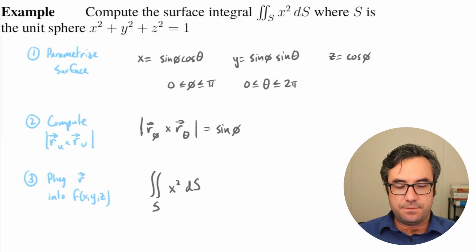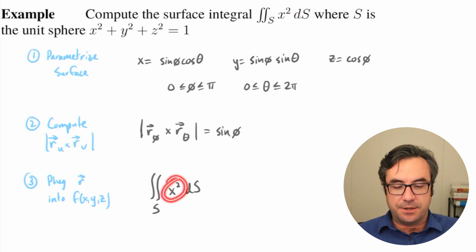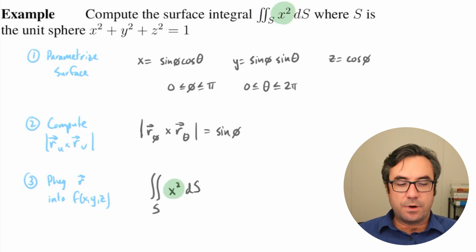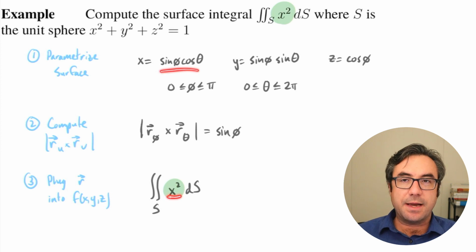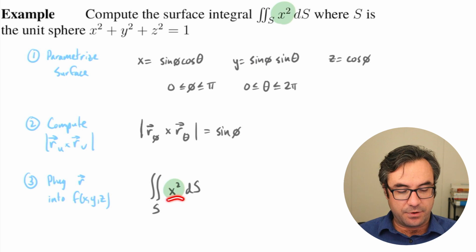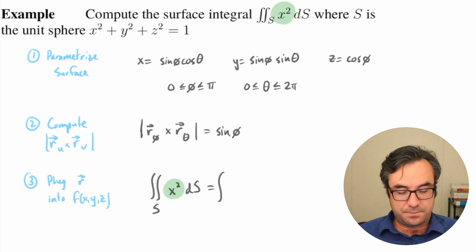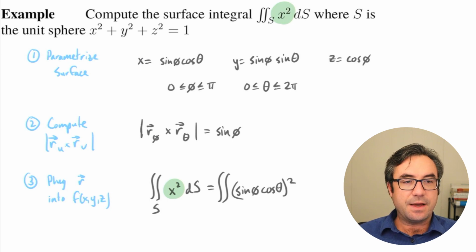In this function, wherever I see an x, I want to plug in my x parametric equation. Wherever I see a y, I plug in my y equation, and wherever I see a z, I plug in my z equation. In this case, I only have an x to worry about, so I'm just going to replace that x with sine of phi cosine theta, and then we have this squared.